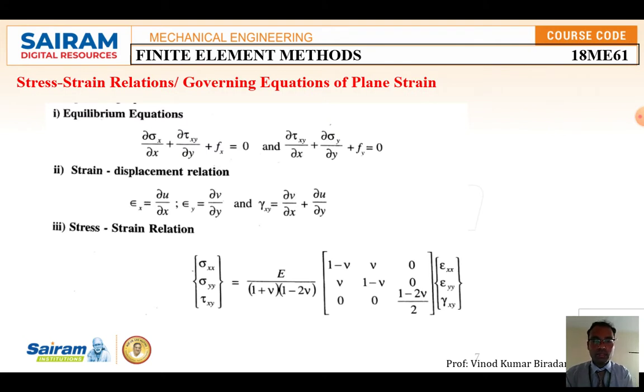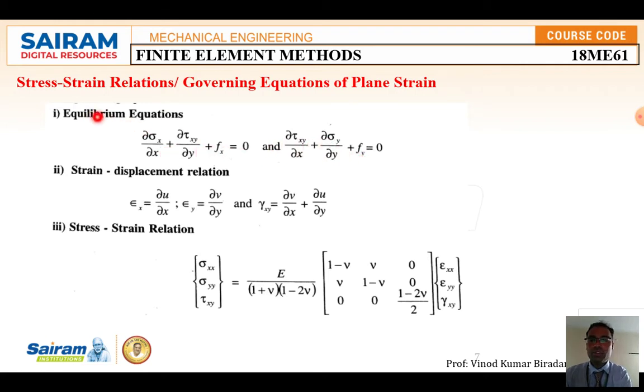Similar to the plane stress equations, again here we can define the governing equations in terms of three: the equilibrium equation, the strain displacement relation, and the stress strain relation. This slide is very important for both. Here also there will be two direction stresses, sigma x and sigma y, and body forces f of x and f of y.